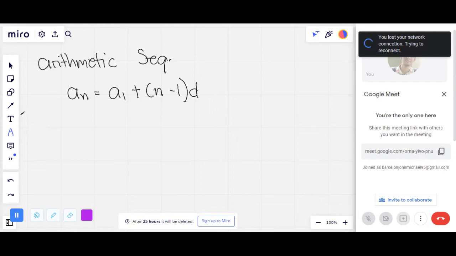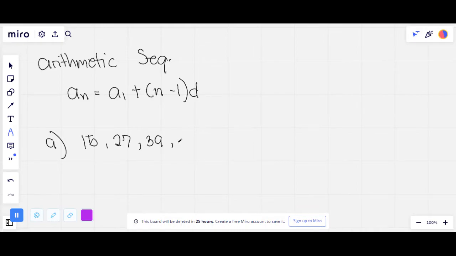Now, let's determine if a sequence is arithmetic or not. For example, letter A: we have 15, 27, 39, 51, and 63. At first look, how can we identify if this sequence is arithmetic or not?